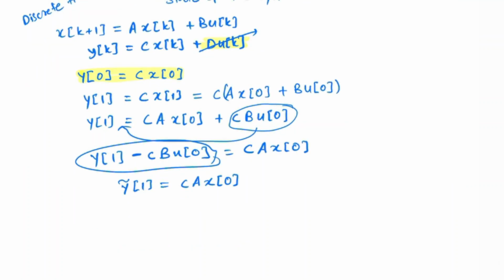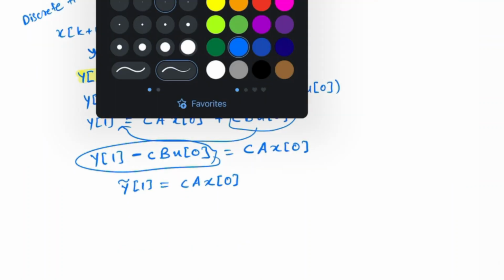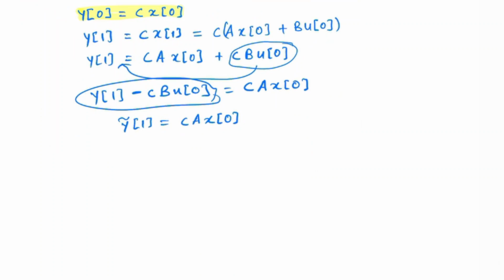So similarly, we can write y2 equals C into x of 2, which is C into A into x of 1 plus B into u of 1.